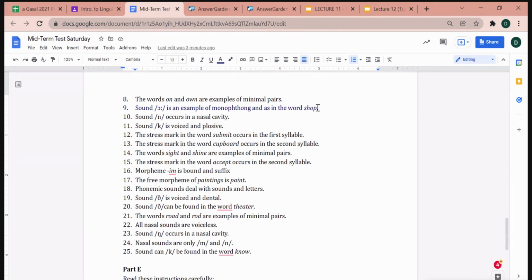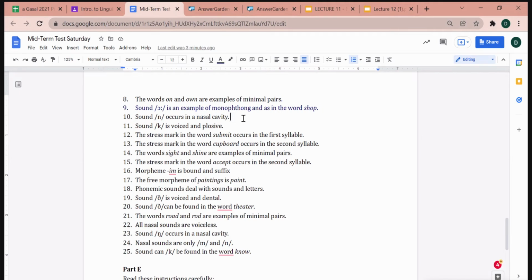What vowel do you use? Mas Arya, any idea? Shop. It uses short O.